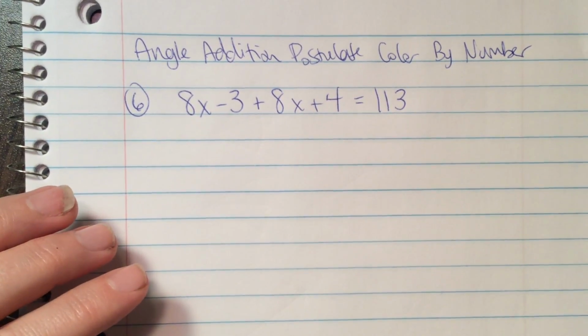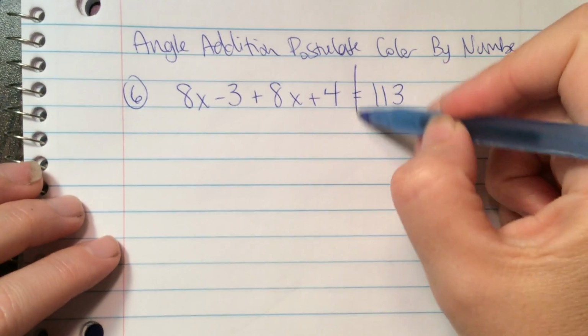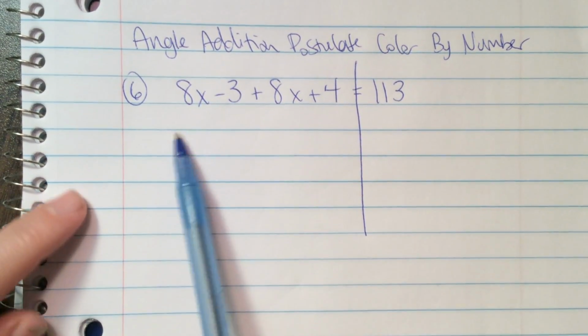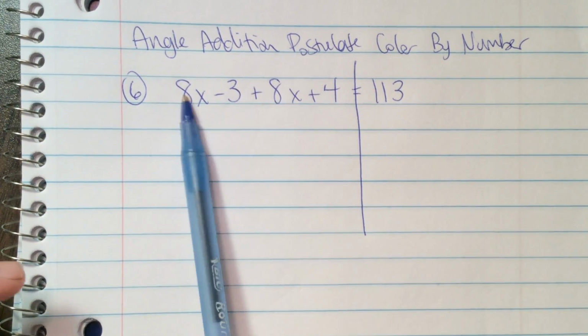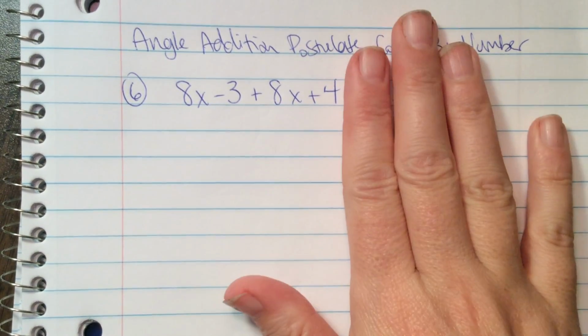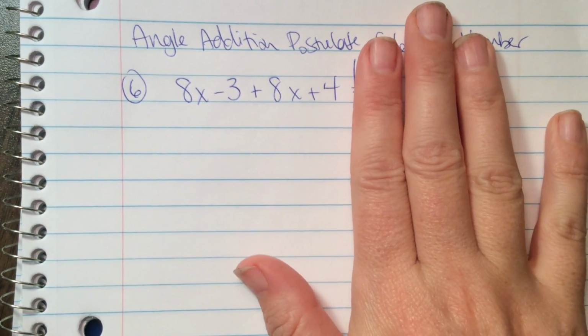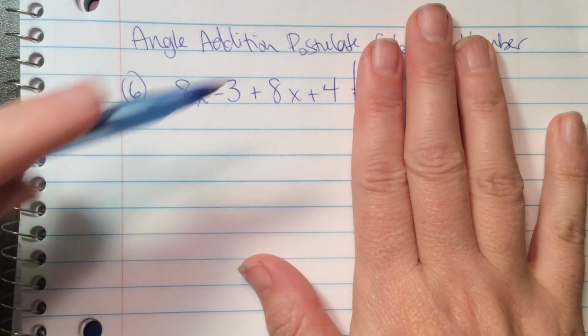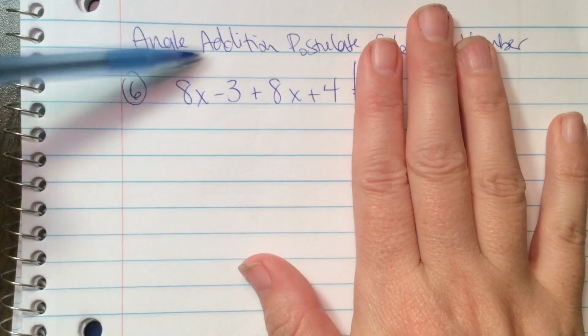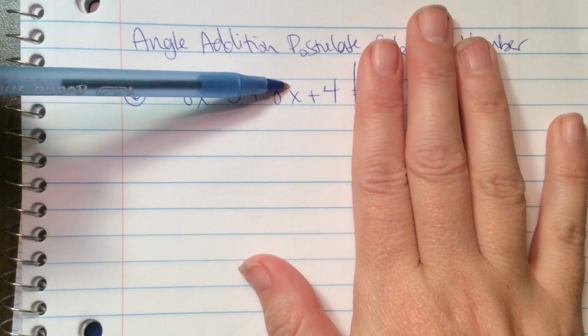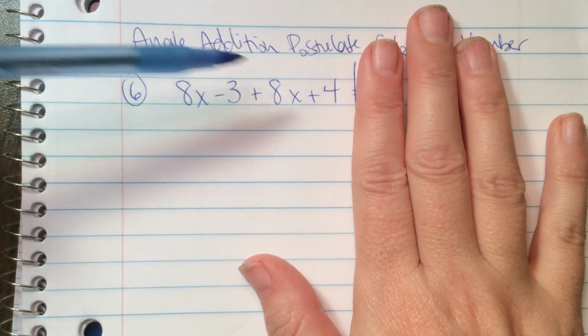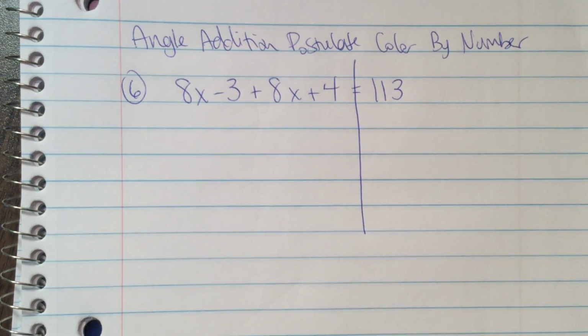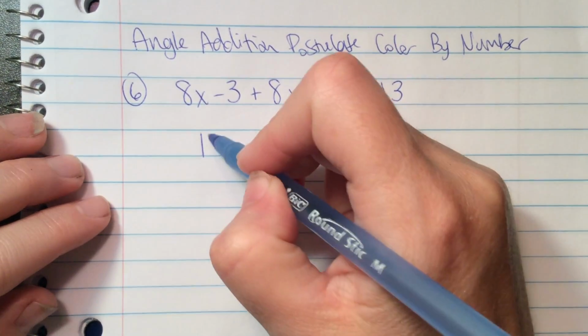Okay, I'm going to draw my line. Well, with any equation in the world, we always look at each side individually first, and we see whether or not we can combine like terms, and we can. I have x and x. So I'm going to put my 8x with my 8x. 8 plus 8 is 16.